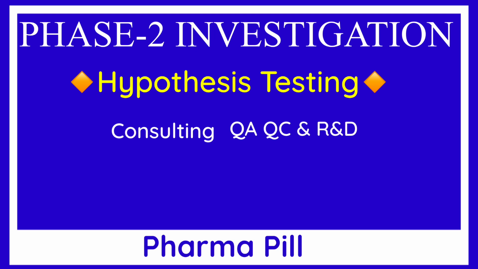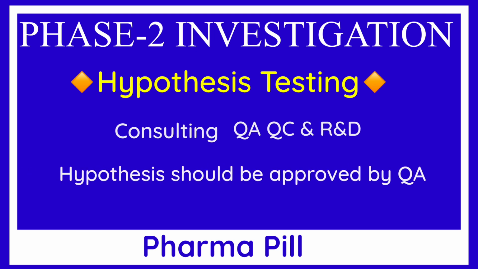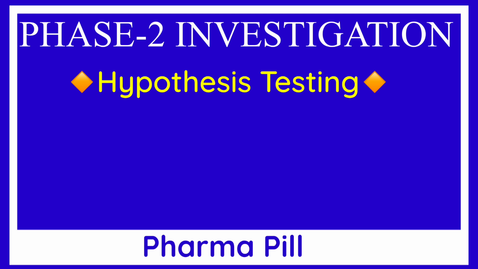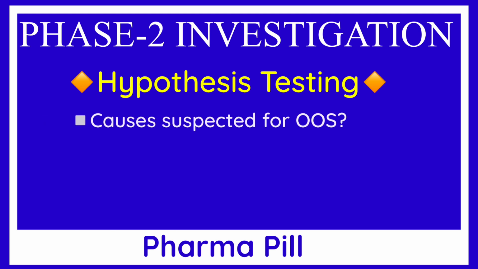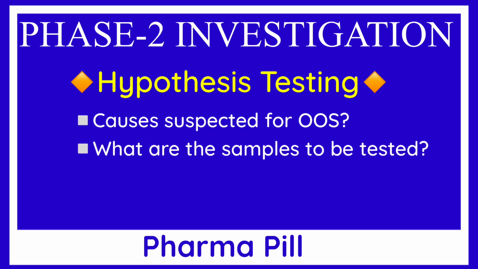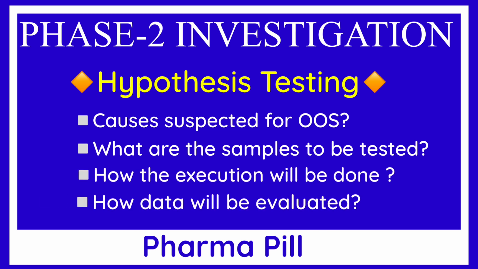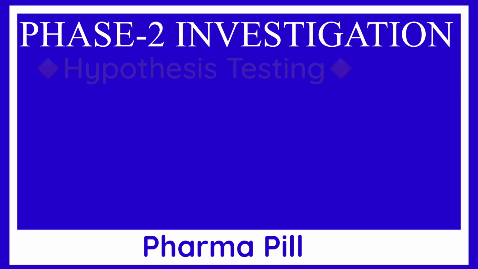Before proceeding for the hypothesis testing, hypothesis proposal shall be approved by the quality assurance. And the hypothesis proposal should include minimum information like what are the causes which are suspected for the OOS, what are the samples which will be tested during the hypothesis, how the hypothesis will be executed, and how the data of hypothesis will be evaluated.